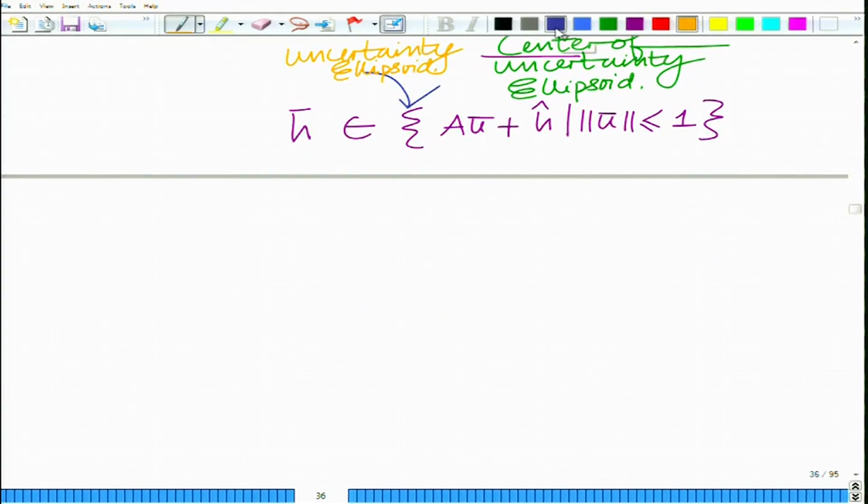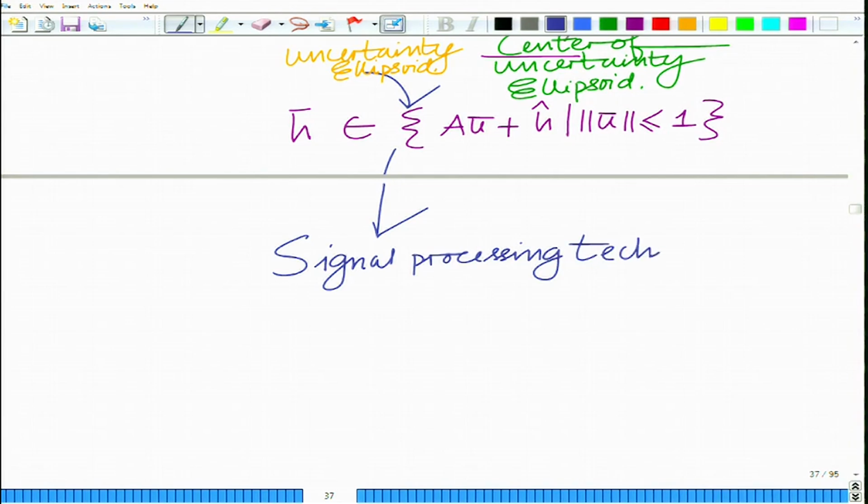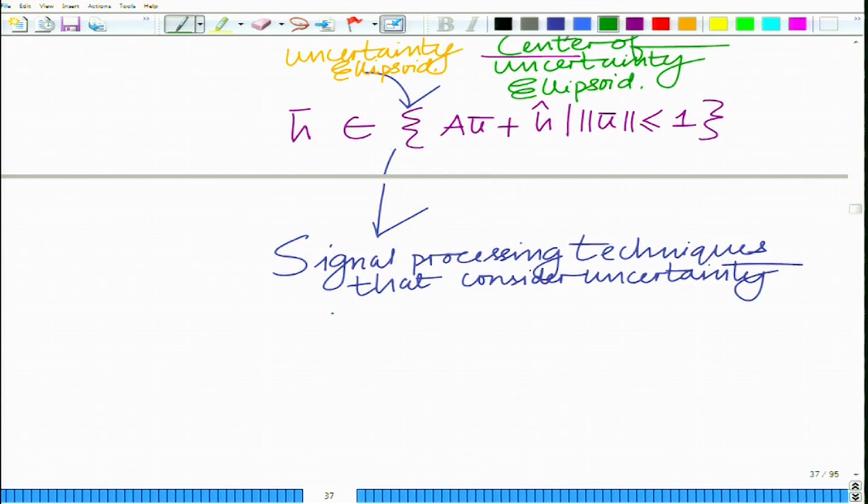Signal processing techniques that consider this uncertainty are termed as robust.